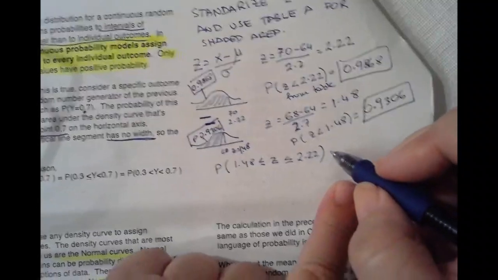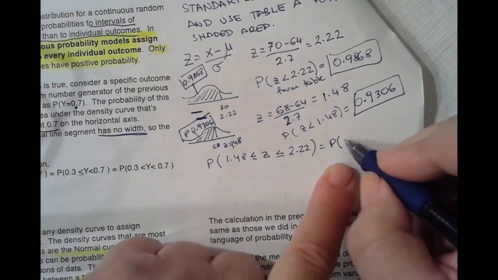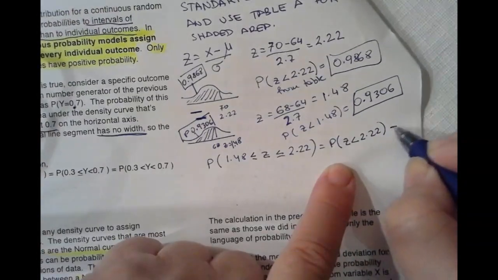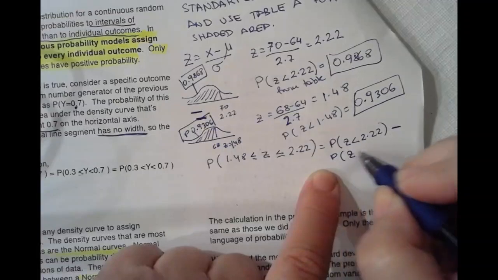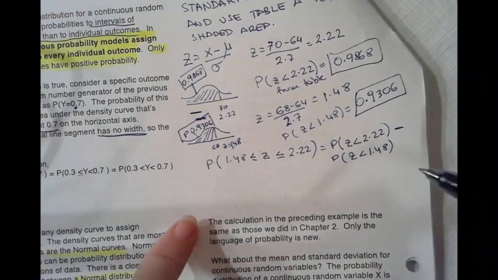So you would write p-value of z that's less than 2.22 minus the p-value of z that's less than 1.48. It's the difference.